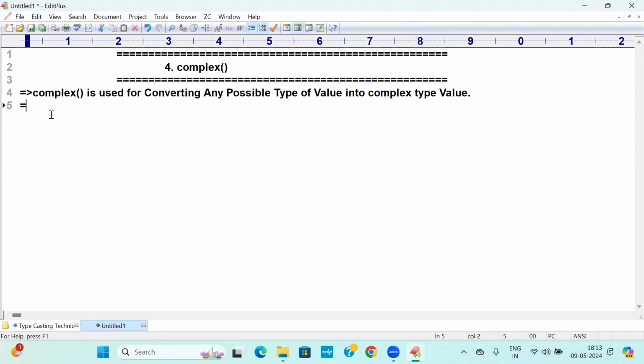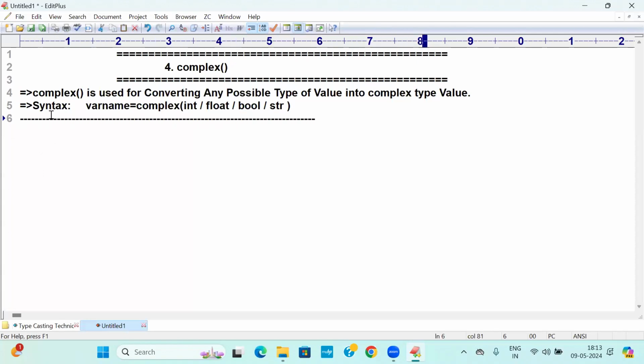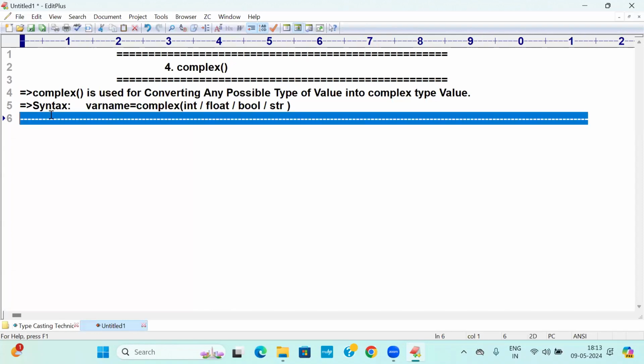Okay. Syntax I will take. What is the syntax here? Variable name is equal to complex of, int of, float of, bool of, str. We'll talk about that. And as a part of that, last class students, you are already aware of how this works.